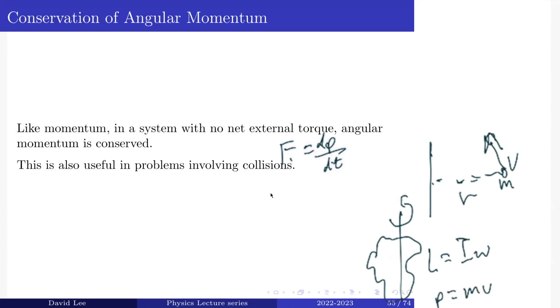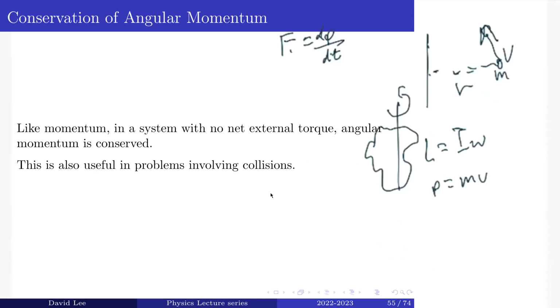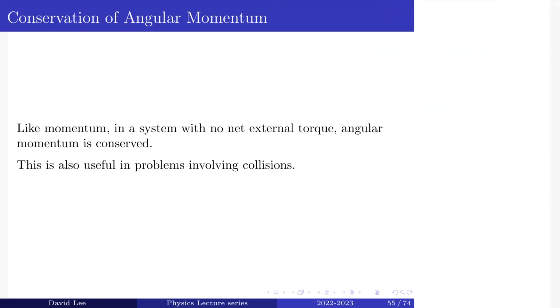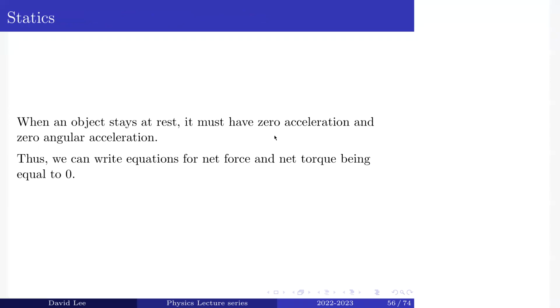So now conservation of angular momentum. Angular momentum is also conserved whenever there's no external torque. And this is also useful if you're colliding with things that are weirdly shaped. So sometimes you'll see collision problems.